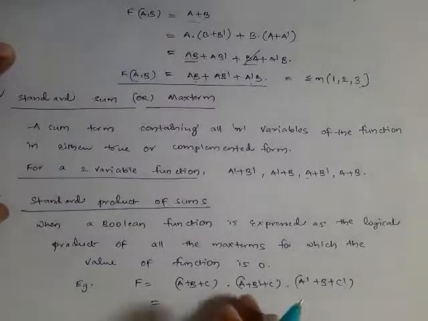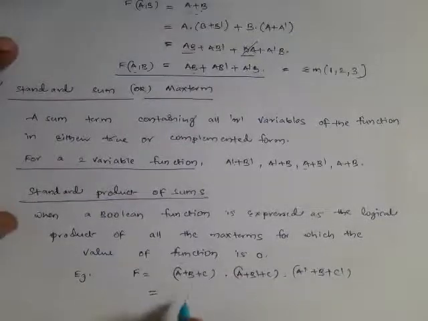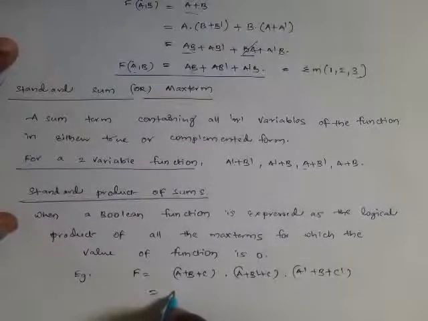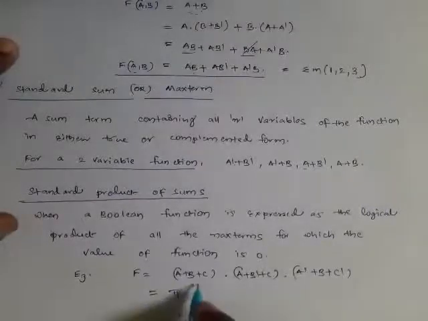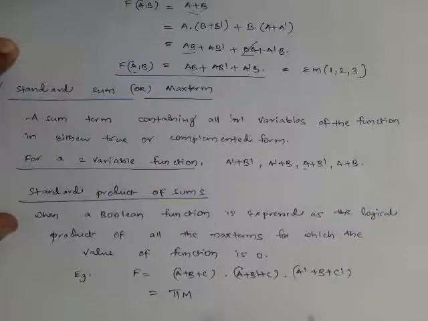This I can write in a short way as a product of max terms. The max term is represented with capital M, and since it is a product, I represent it with pi.